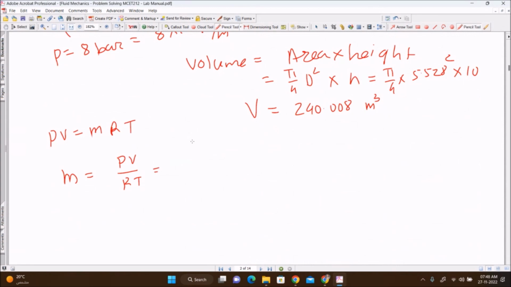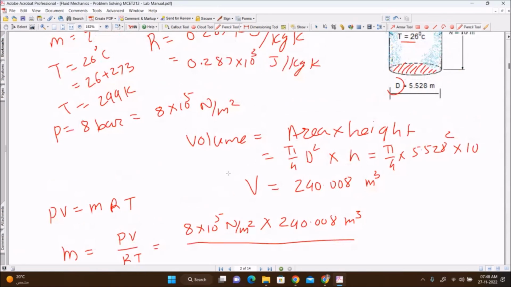P is in Pascal, pressure is 8 into 10 to the power 5 Newton per meter square, into volume 240.008 meter cube. No need to write the unit, but for understanding purposes I am writing it.